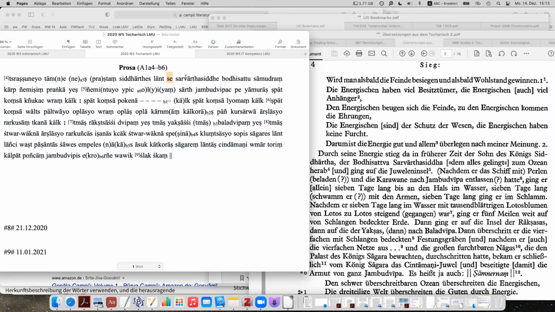Artha can mean thing, can mean value, can sometimes mean meaning, yeah, right? Okay, so here probably is everything, yeah. So Siddha is actually accomplished. So actually he has already accomplished everything. Yeah. So this is just a name. You don't need to attach too much meaning to the names. Yeah. So he's a bodhisattva.